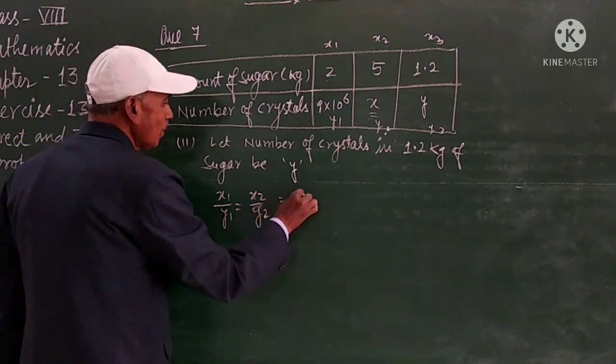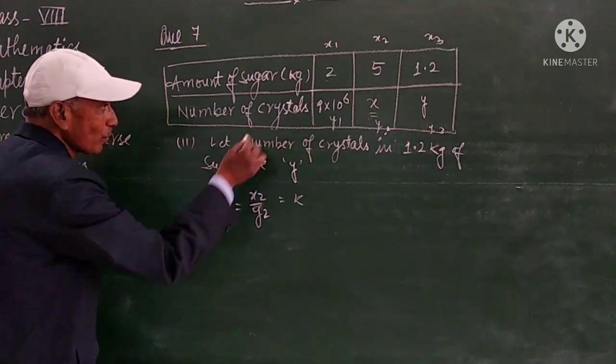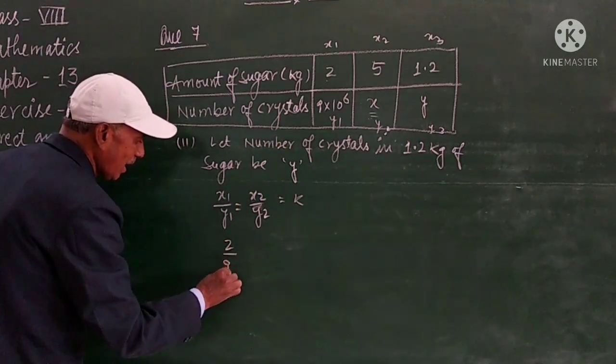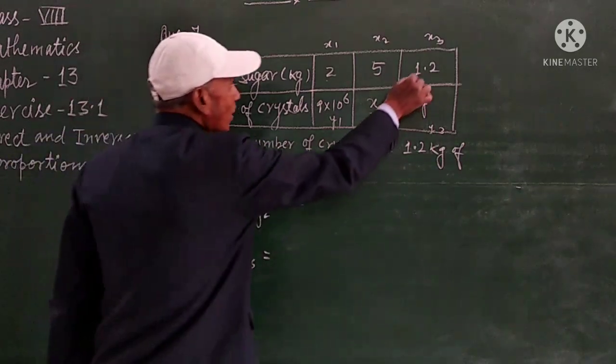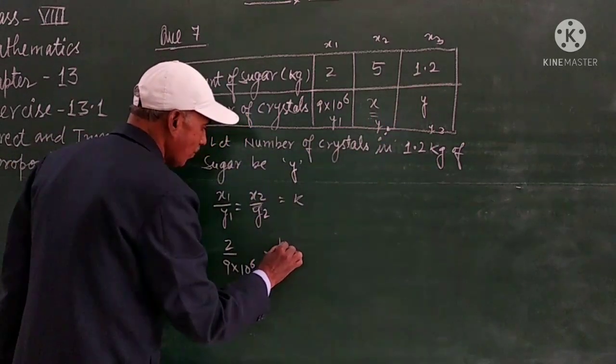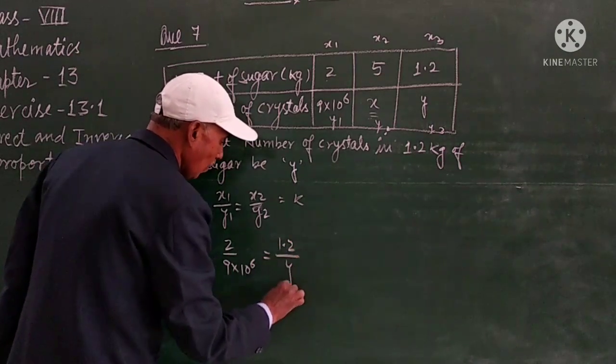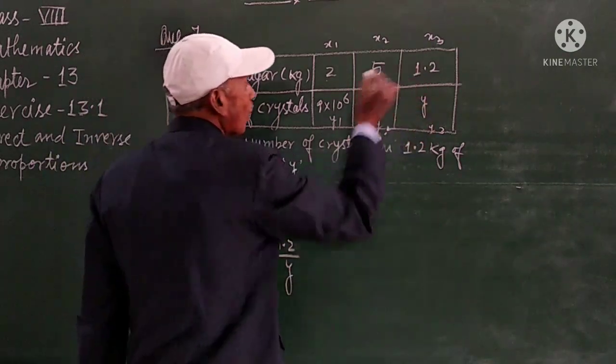is equal to k, or we have to write it 2 upon 9 into 10 to the power 6 is equal to 1.2 upon y, because we have assumed here y.